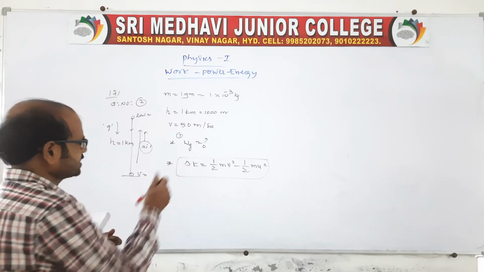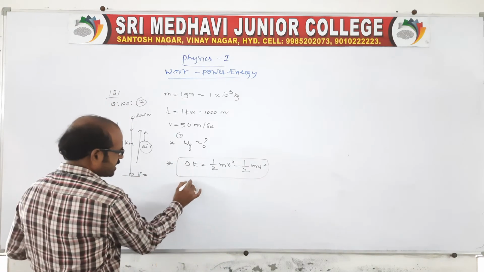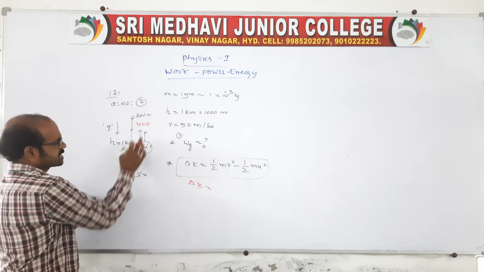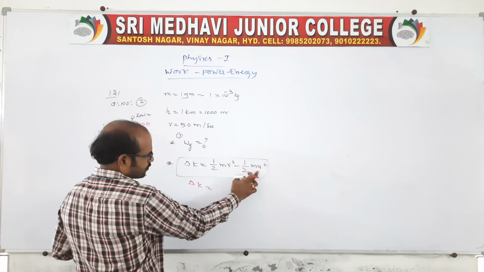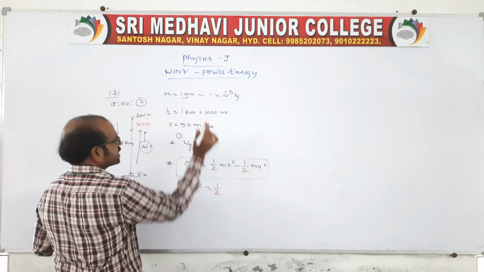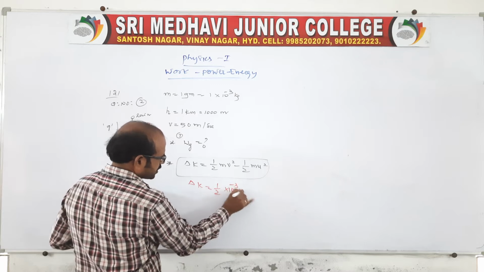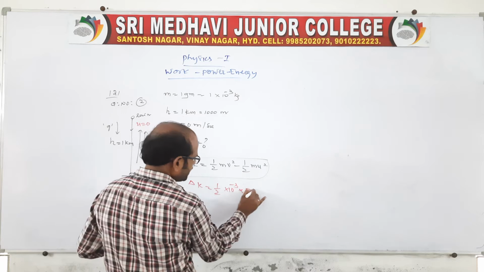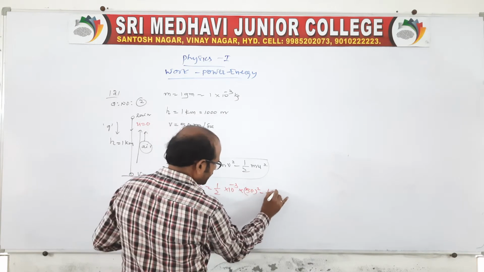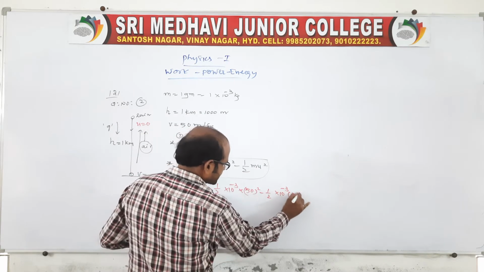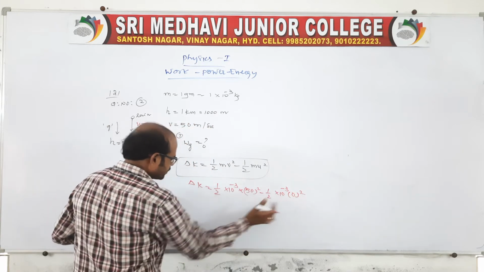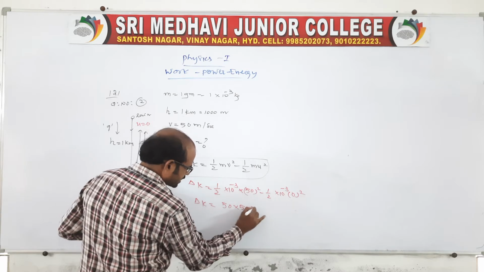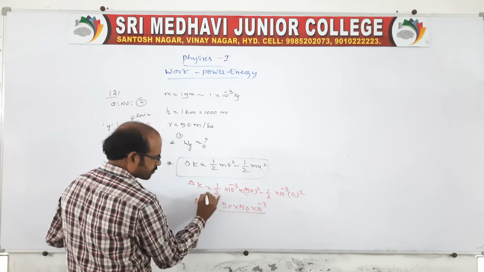Since the rain is falling freely, u is 0. So delta K is half into the mass 10 power minus 3 into v square, the speed when touching the ground, 50 whole square, minus half into 10 power minus 3 into 0 square. This becomes 0, so delta K will be 50 into 50 into 10 power minus 3 by 2.